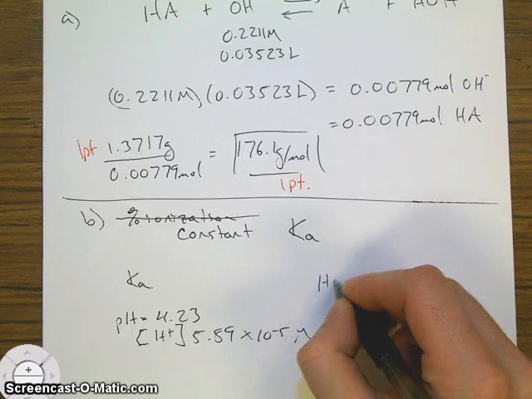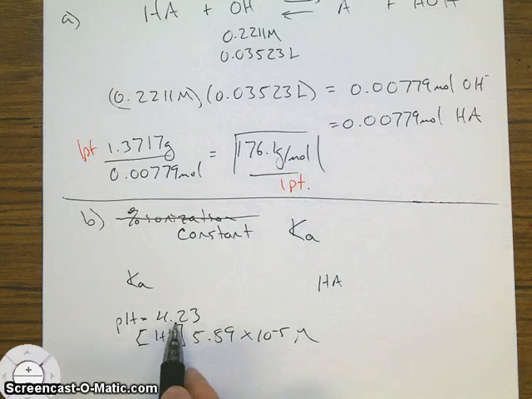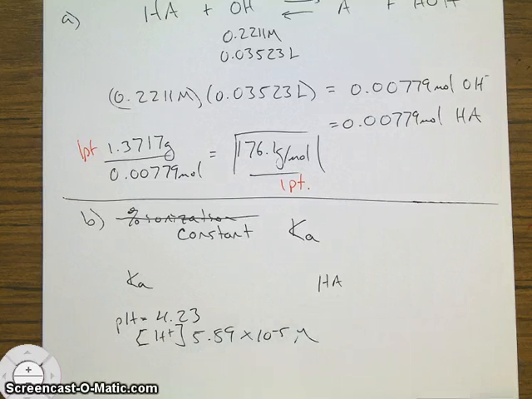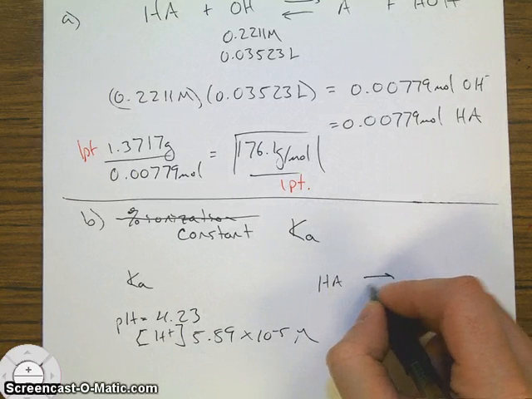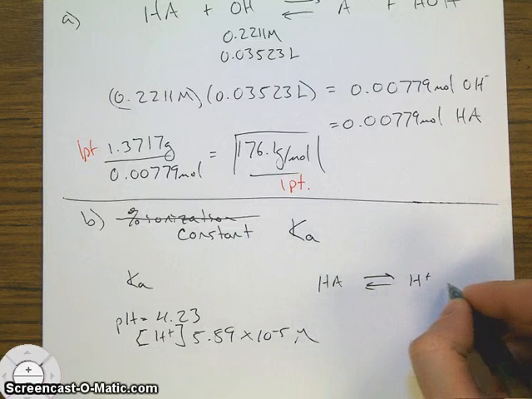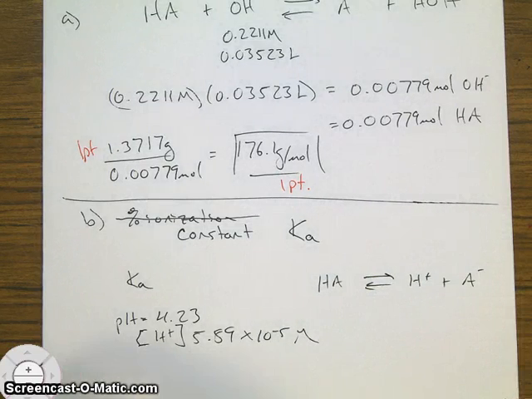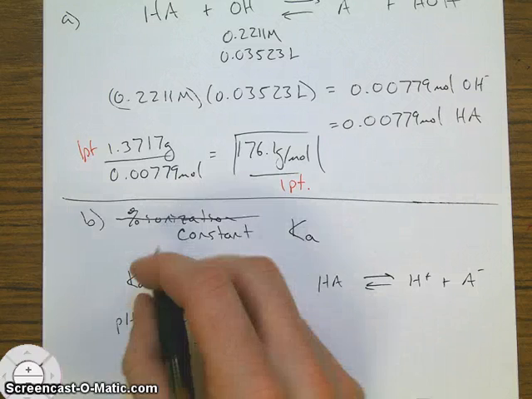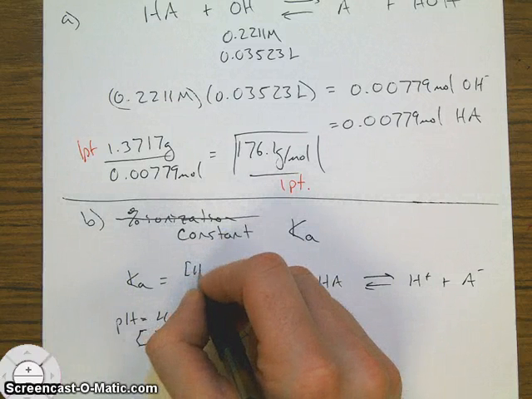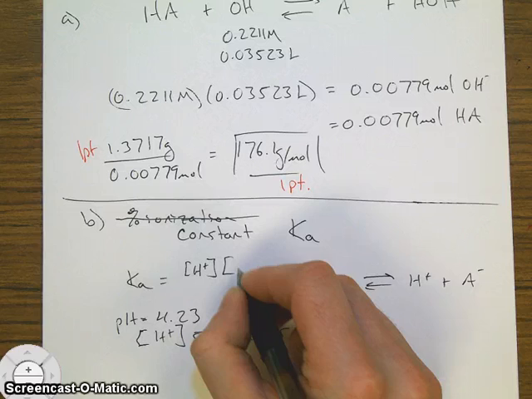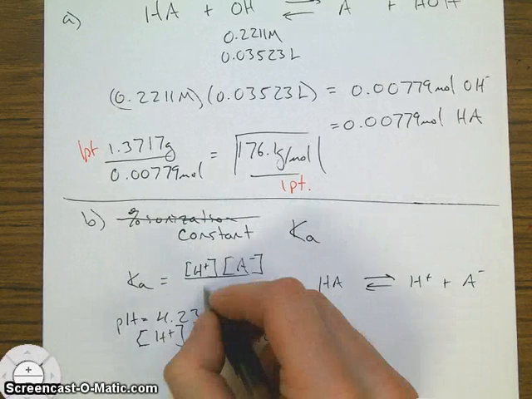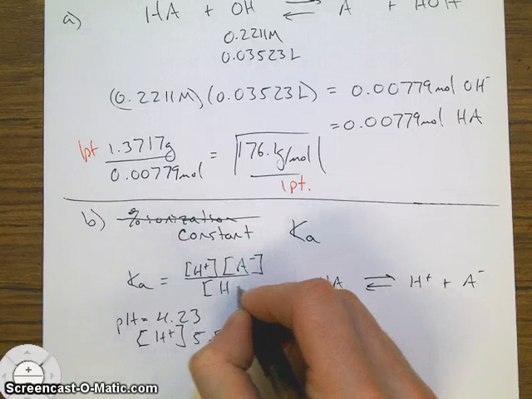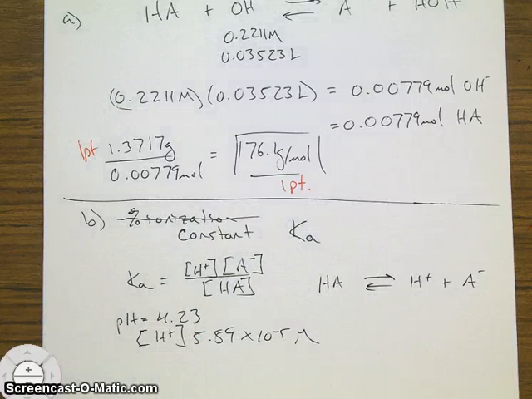At pH 4.23, we haven't fully reacted the acid, so we still have acid left, and that acid is ionizing into H plus and A minus. So the acid ionization constant is the concentration of hydrogen ions times the concentration of its conjugate base, divided by HA.